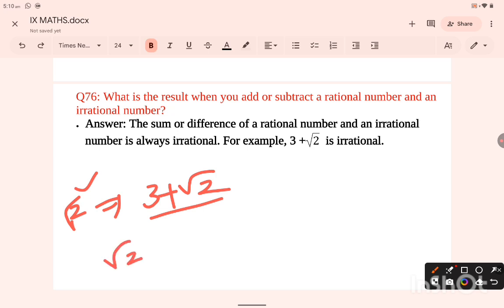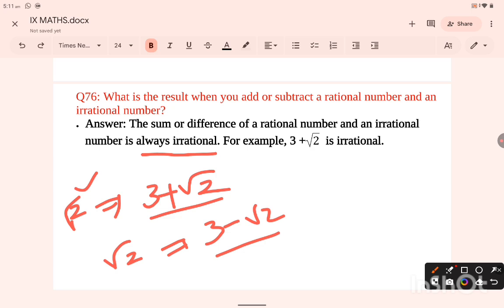If root 2 is subtracted from the rational number 3, that gives 3 minus root 2. This is also irrational. So the sum or difference of a rational number and an irrational number is always irrational.